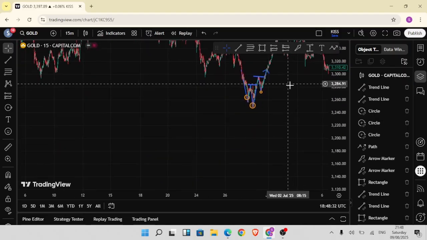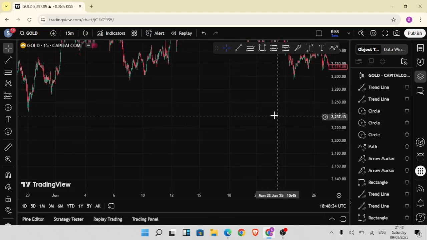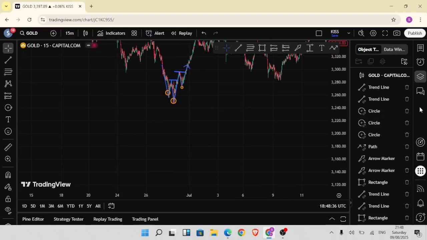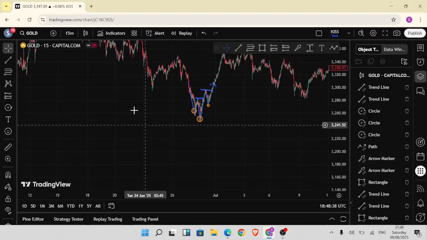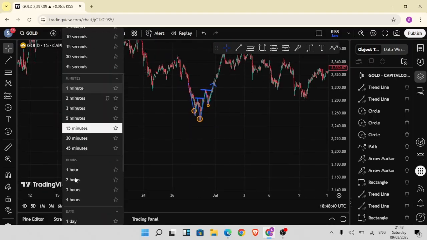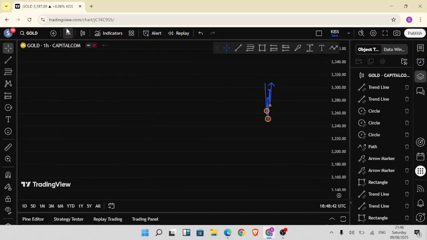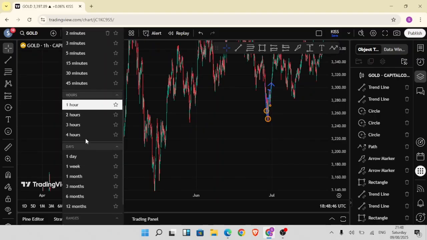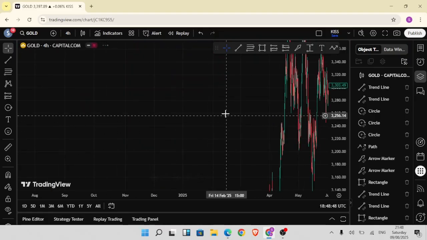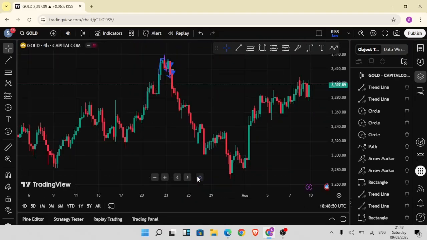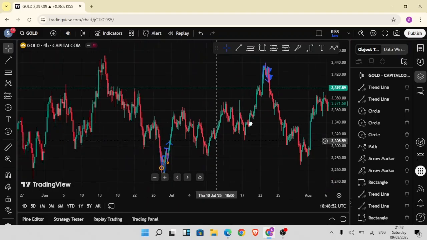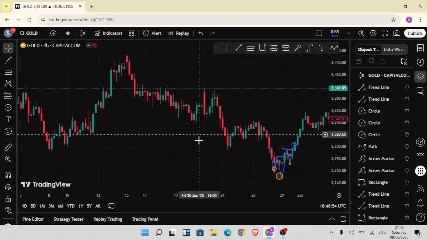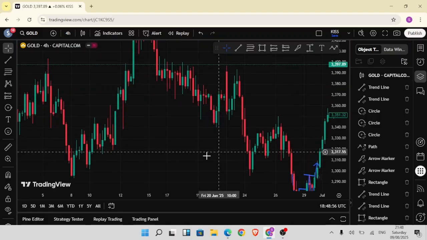Now, what do we have? Do we have an area of interest? In our case, it would be a 4-hour fair value gap. For our fair value gap, let's see if we have anything to the left.